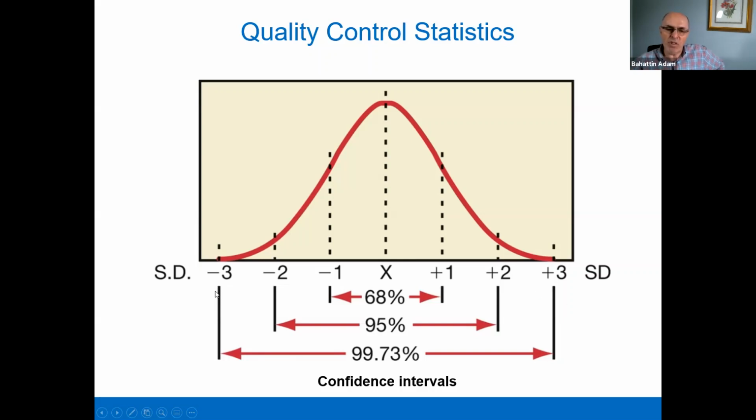Okay, for 3 standard deviations, the confidence interval will be 99.7%. Okay, now what does this mean? In order to follow the quality of your test, you have to choose one of the standard deviations in order to accept or reject your results.